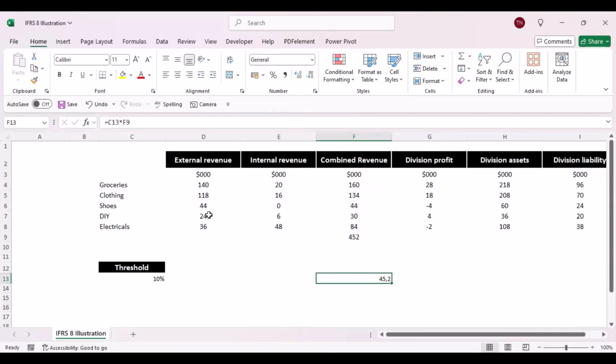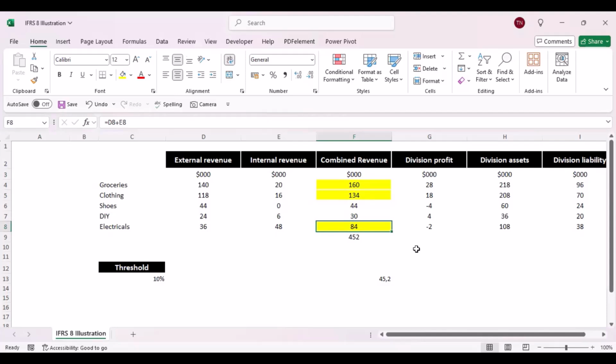But we say that it has to be combined revenue. This combined revenue has to be 10% or more of the total. You look at groceries, it's 160. So that meets the criteria. This is 132. It meets the criteria for revenue. 44, does it meet the criteria? No, it doesn't. 30 doesn't. 84 meets the criteria. So the groceries, clothing, and electricals would meet the criteria for revenue.